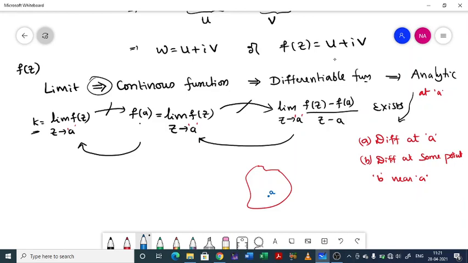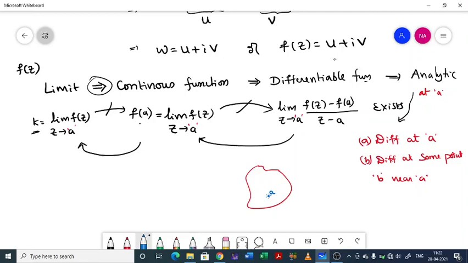First you check whether the function is differentiable at this point. If it is, you choose a point that is very, very close to A and check whether the function is differentiable at that point. If it is differentiable at at least one of these points, then the function is analytic at A.